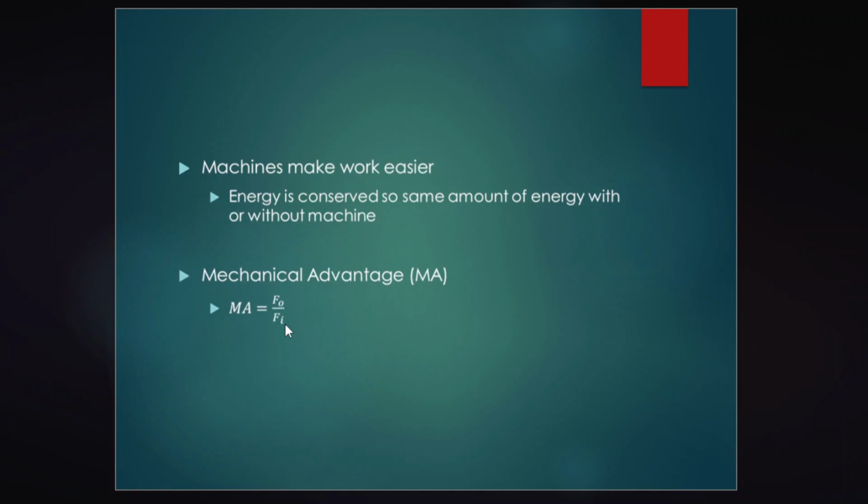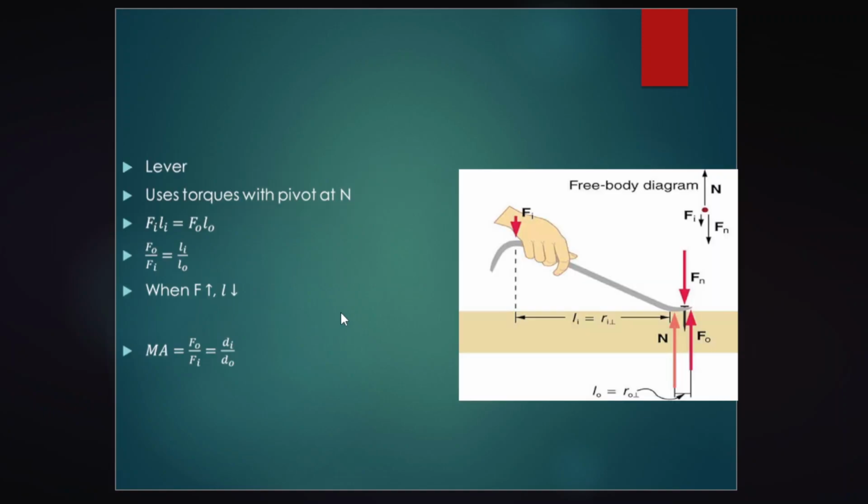So the idea is that you want to put in a little bit of force and get out a big force. So the bigger the mechanical advantage, like if you have a mechanical advantage of 10, if you put in 10 newtons of a push, you get out 100 newtons of push. And that's the whole idea of levers.